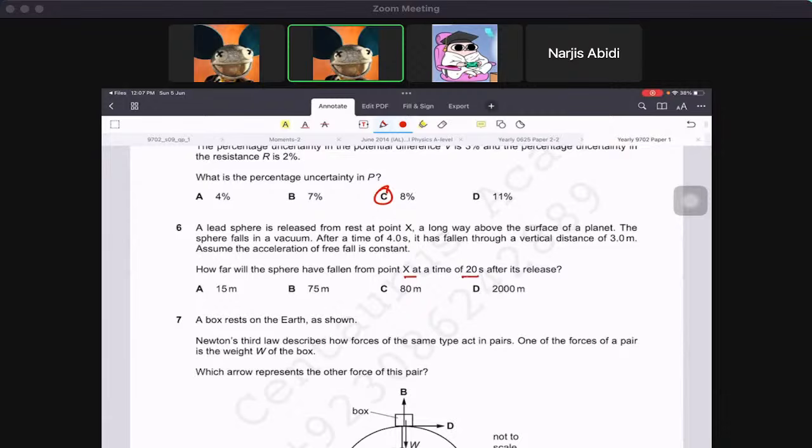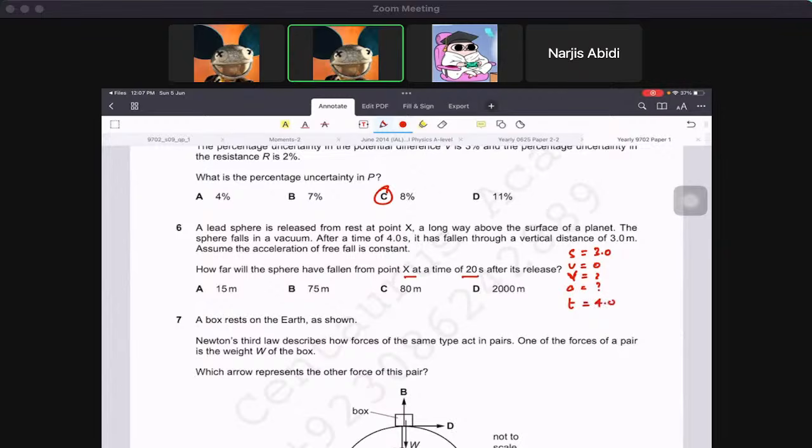Okay. So first of all, we write SUVAT. So it says the vertical distance was 3. The initial velocity was 0. The final velocity we don't know. Acceleration is constant. We don't know this as well. What is the acceleration? And the time is 4 seconds. So it's best that we find the acceleration first.